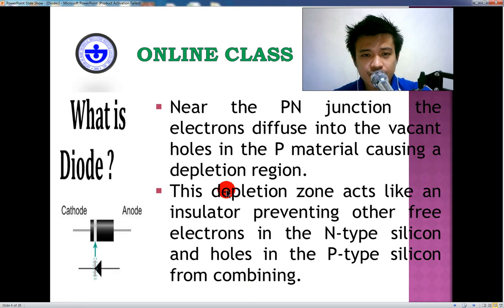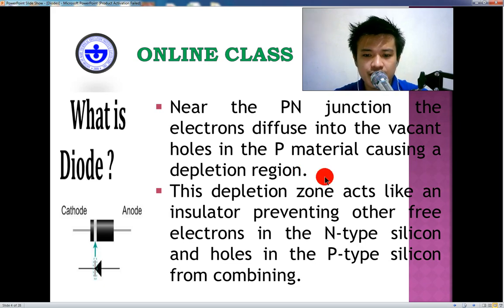Okay. Next, near or closer to the p-n junction, the electrons diffuse into the vacant holes in the p material, causing the depletion region, or some call this the depletion zone. Yes. When I talk about the depletion region, this is the part of the diode that will block the flow of current in reverse direction, that is in reverse bias.